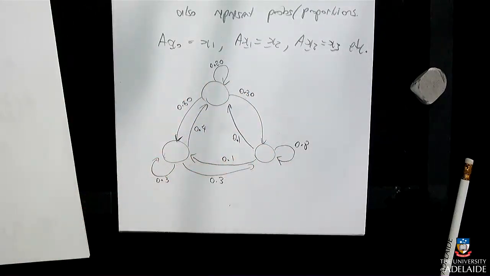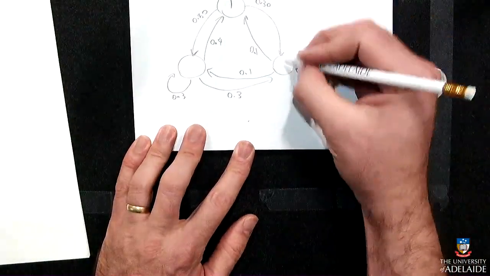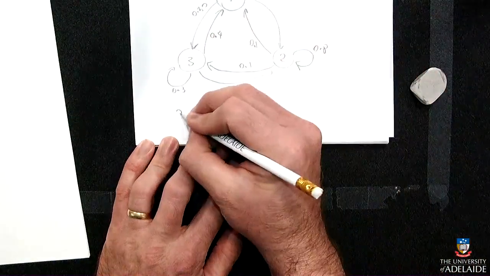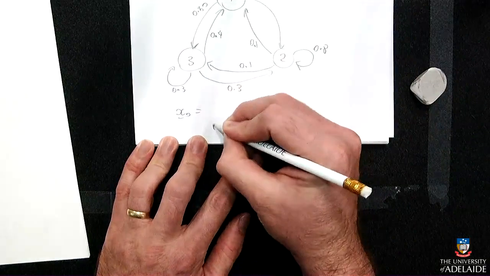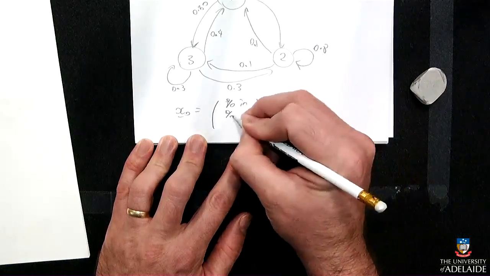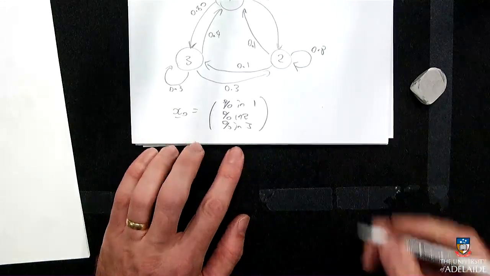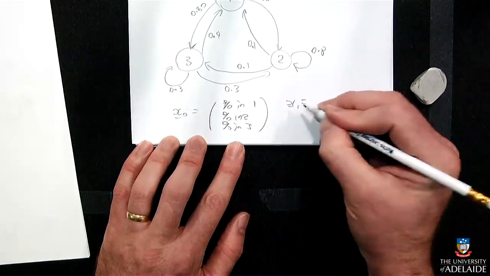And as all of the ants choose randomly which direction to go at any moment, they all walk, and then you look at it and say, well, what percentage of them are in each corner at any moment? Those are the x's. So x naught is like the percentage in number 1, the percentage in number 2, the percentage in number 3, and then x1 is the same but after one step.